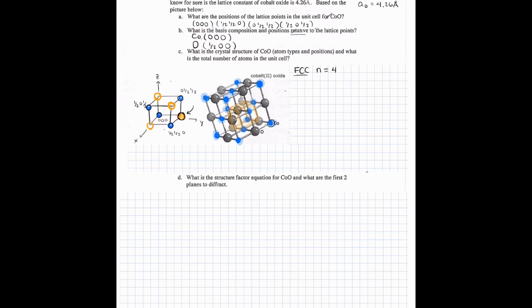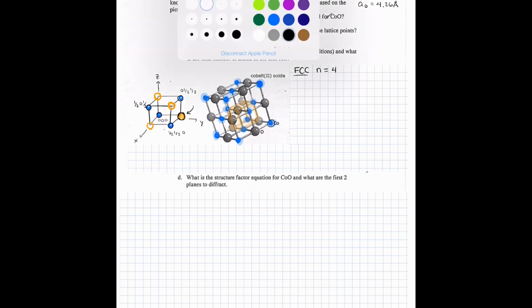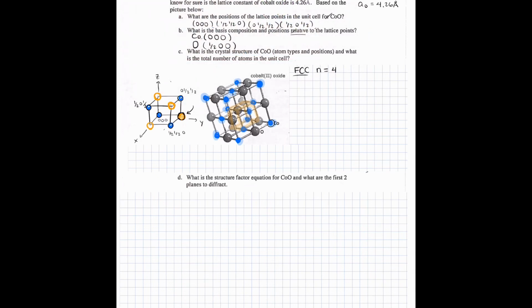And what are the total number of atoms in the unit cell? Okay, well, we counted it here. The nice thing about doing the eighth of a cube is that you can actually figure it out. You have 1, 2, 3, 4, 5, 6, 7, 8.